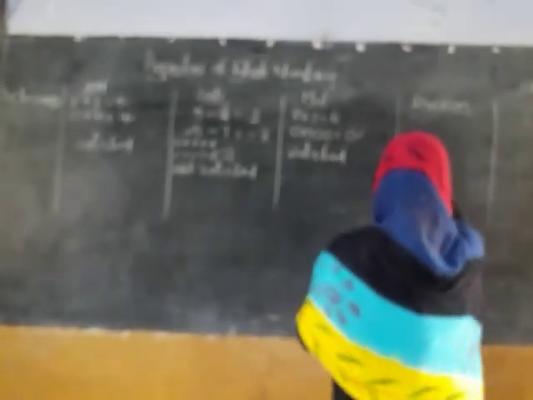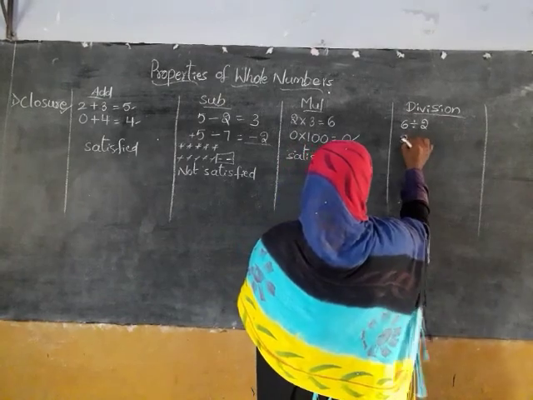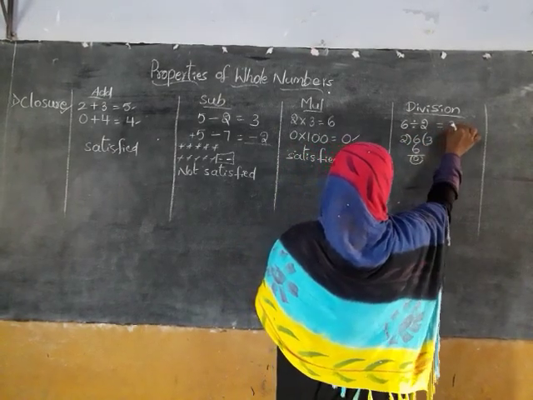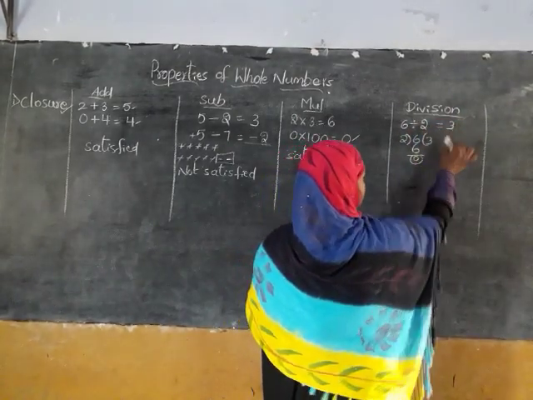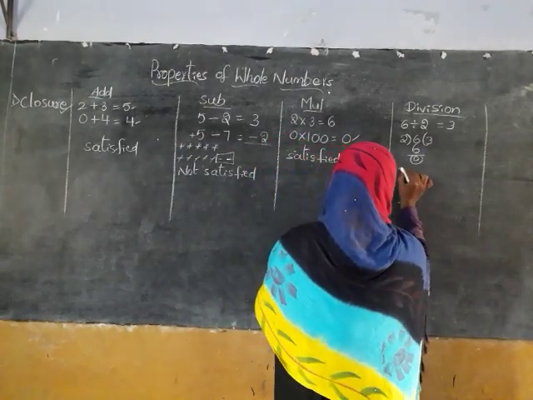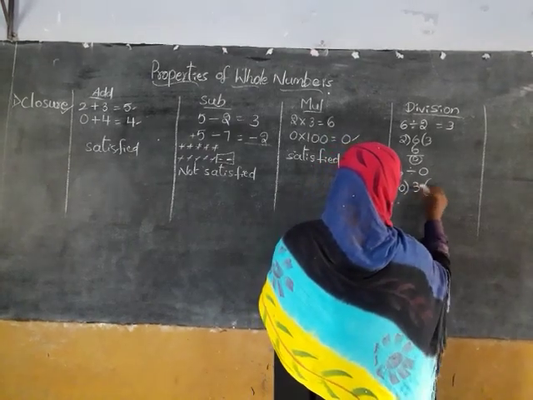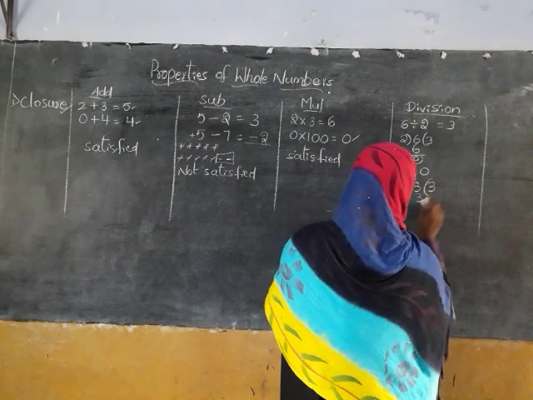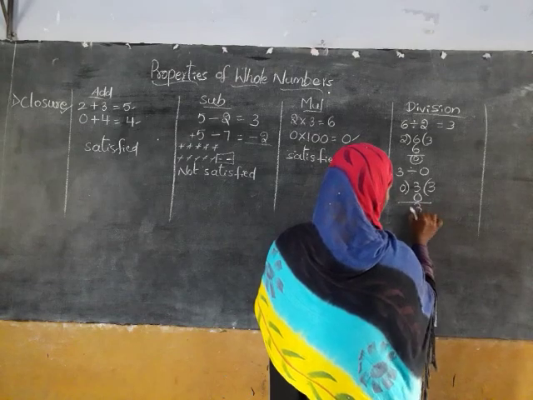Now division. 6 is divisible by 2. 2 threes are 6, so the answer is 3. 6 is a whole number, 2 is a whole number, and the answer is also a whole number. Let me show one more example: 3 divided by 0. 0 threes are 0, so 3 minus 0 is 3.